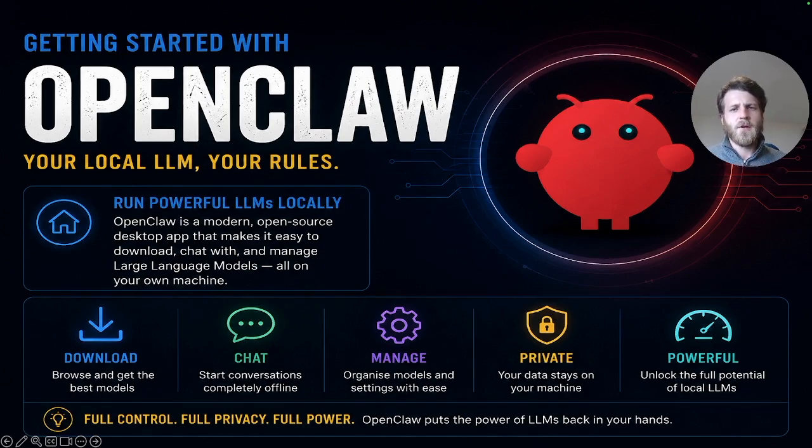So the focus of today's episode, which is going to be a little bit longer, we've got a lot to get through, so we're going to run through it as quickly as possible whilst being detailed and explanatory as we go. We're essentially going to learn how to install OpenClaw, how to configure OpenClaw, both with local large language models that we're going to serve through LM Studio, but also with a cloud inference model.